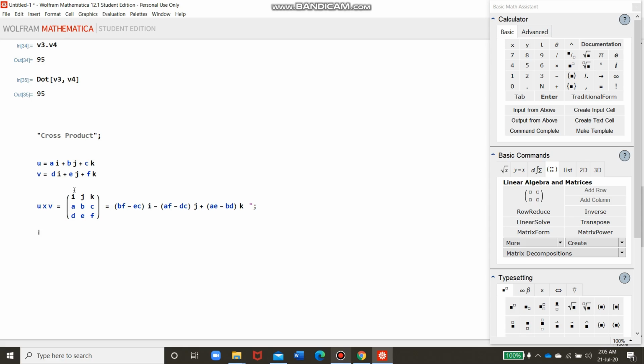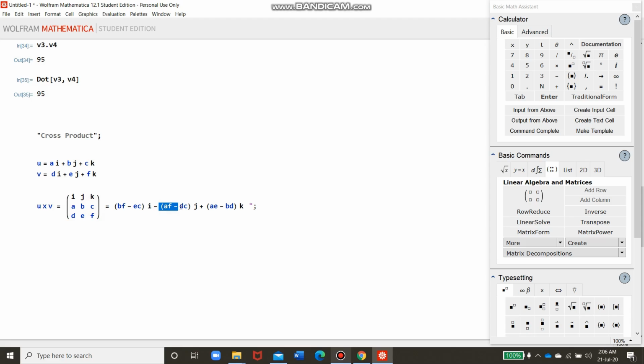So for example, when you're taking I, you eliminate the A, D and the J, K. So you're only taking these two rows and these two columns. So that is, I into BF minus EC, and then when you're taking the J terms, it's going to be AF minus DC.